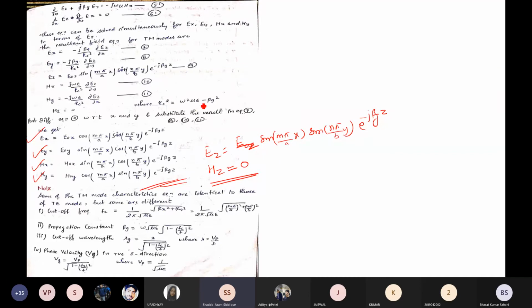We have kc square is equal to omega square mu epsilon minus beta g square. For TM mode, if we have Ez equal to E naught Z sin m pi by a into x, you can write it directly even if you don't know the derivation.